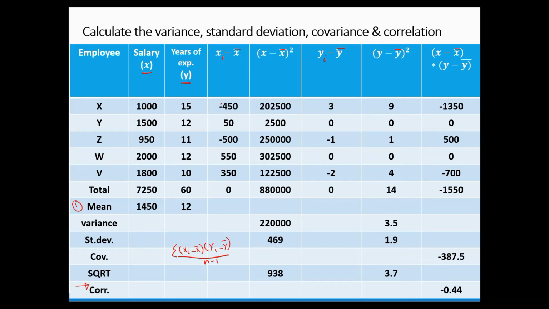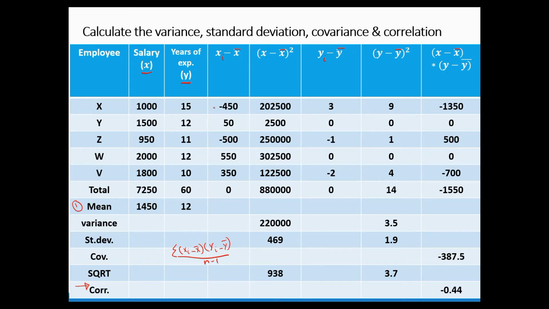This is simply the difference between the salary and the y bar. So to get this number, we subtracted 1,000 minus 1,450 to get negative 450. This observation is to the left of the mean, or it's smaller than the mean.